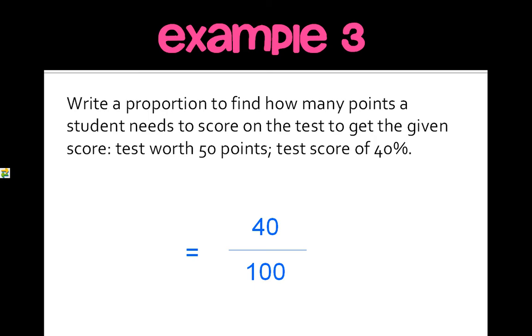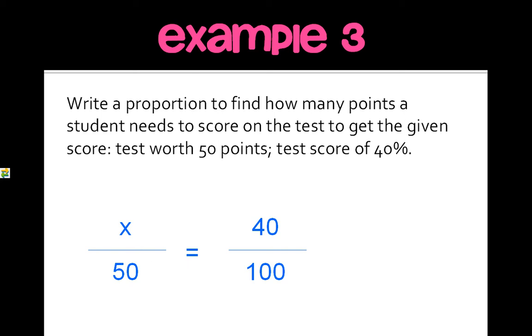So that is going to be at the bottom. We are trying to find the part of that 50 that will give us 40% on our test. So how many points out of 50 will give us 40%? And if you've done percent proportions before, we can read this as 40% of 50 is what? So we're going to find that out.